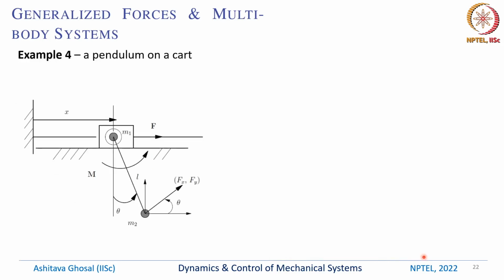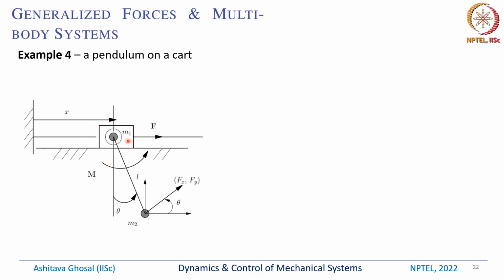Let's take one more example, and this is an example of a pendulum on a cart. So what we have here is a mass which can slide along the x-axis, but on this mass we have a pendulum, a simple pendulum. There is a moment which is acting on this link.